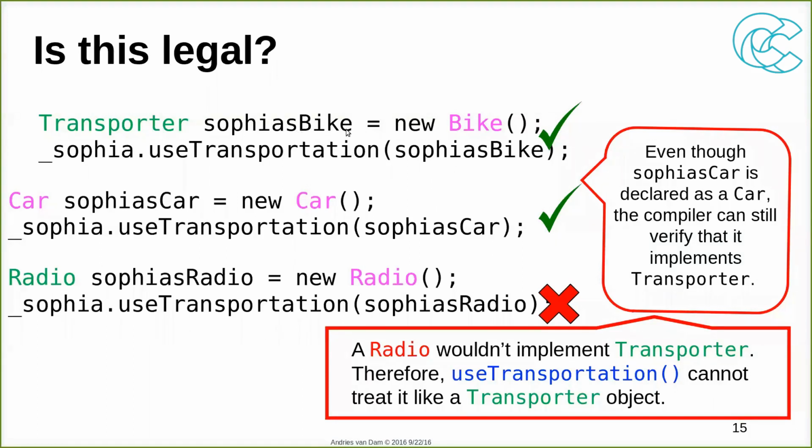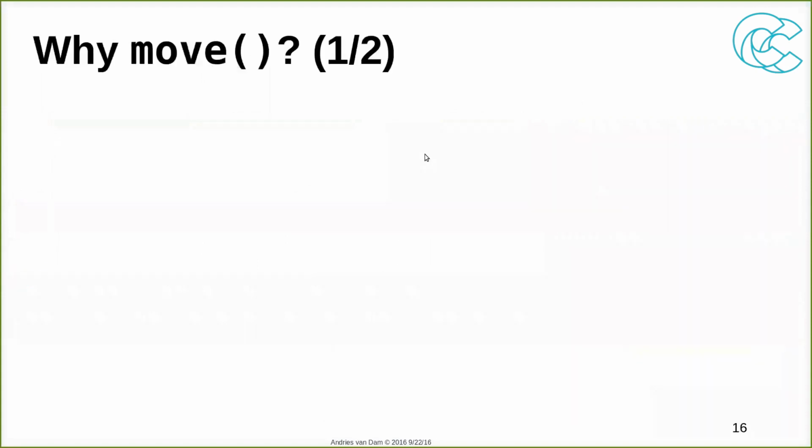So how is Sophia's bike able to pass as an argument in a case where use transportation takes a bike type object? I already mentioned that, right?